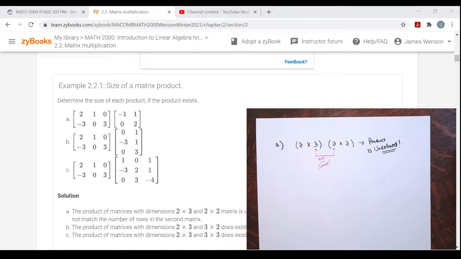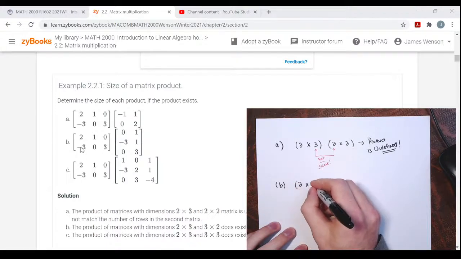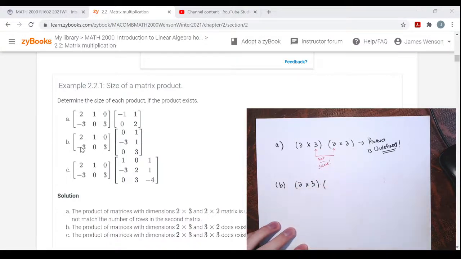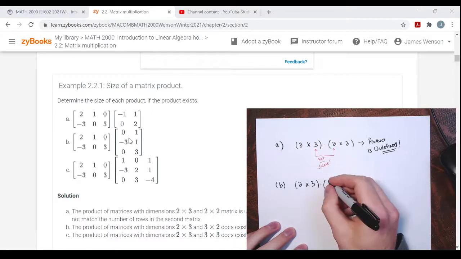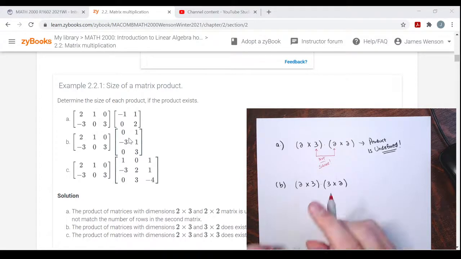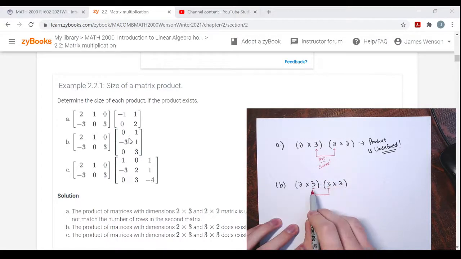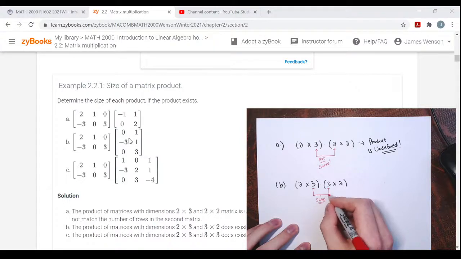Okay, bring it back. For part B, that's a 2 by 3 matrix multiplied by a 3 by 2 matrix. So look at those inner two numbers when you write the sizes. Again, the number of columns of the left matrix is the same as the number of rows of the right matrix.